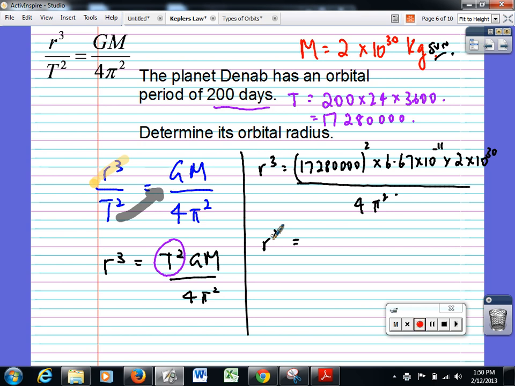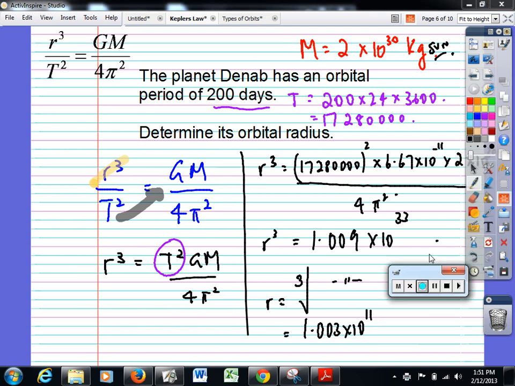Has anyone got a value for the r cubed in this case, please? 0.009 by 10 to the power of 33. Okay. We now cube root it, and the cube root of the same value above is equal to 1.003 times 10 to the 11.